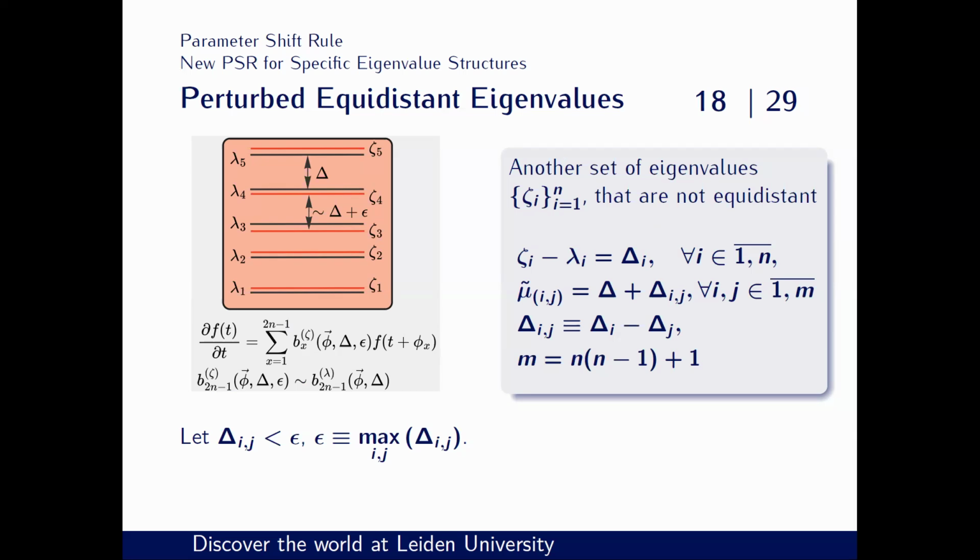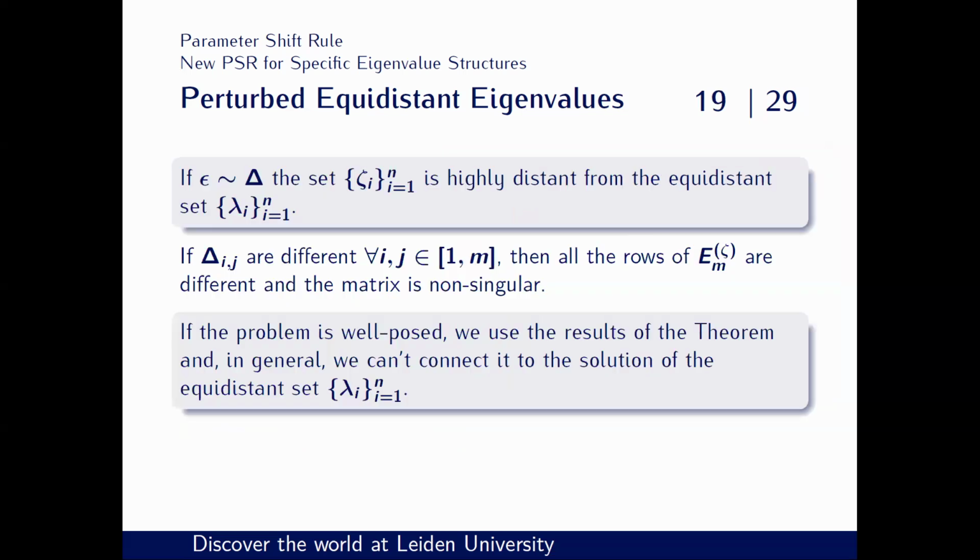So basically this shift from the ideal position is bounded by epsilon. The question is, can we use the solution for the equidistant set as a good approximation for the new set that is more realistic? Because most of the time we will actually get something like this in real life.